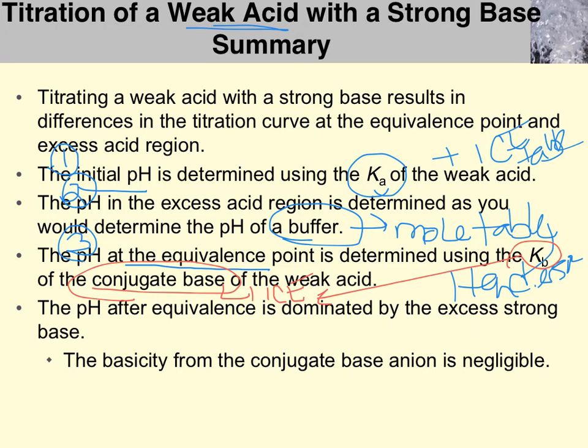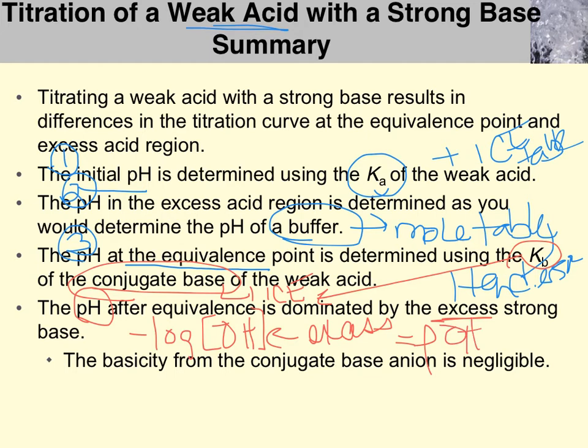At the end, the pH after the equivalence point, so that means when you've added excess titrant, is simply using minus log concentration of OH that is in excess, the excess OH that you've added. Okay, that will give you pOH, just like we did when we titrated a strong acid, if you need to go back and refer to that.